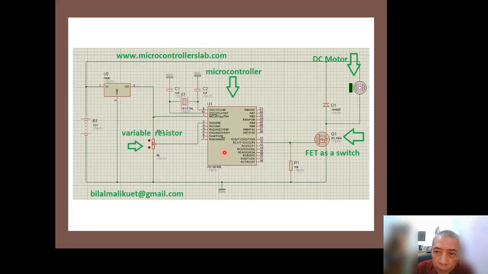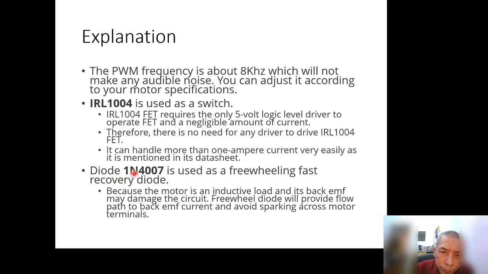The other is the diode. 1N4007 is used as a freewheeling fast recovery diode. Why? Because the motor is an inductive load and its back EMF may damage the circuit. The freewheel diode will provide a flow path for the back EMF current and avoid sparking across the motor terminal.